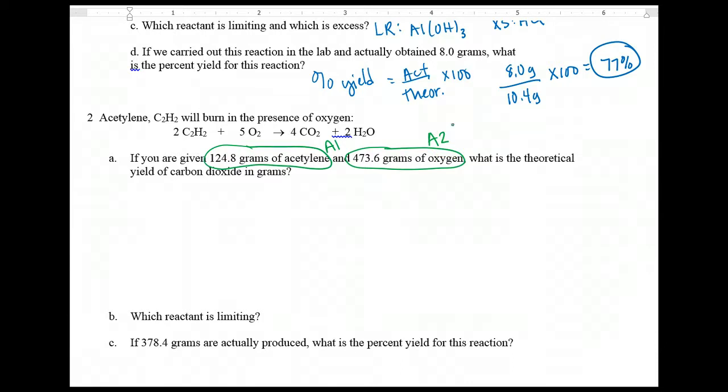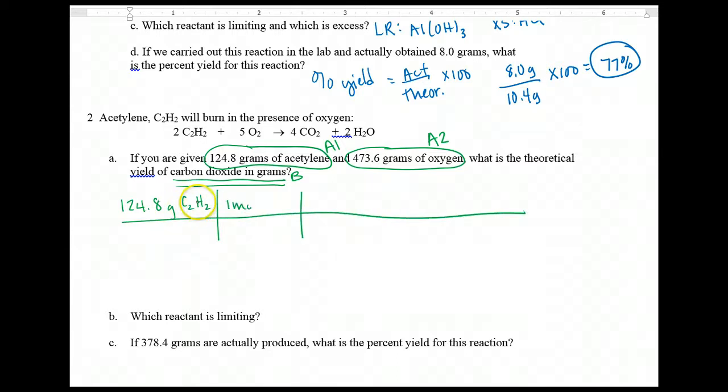And I know I'm looking for the theoretical yield of carbon dioxide in grams, so that is my letter B, my unknown. So if we follow the same process outlined in the notes, we would start with 124.8 grams of acetylene, C2H2. We would change it to moles.